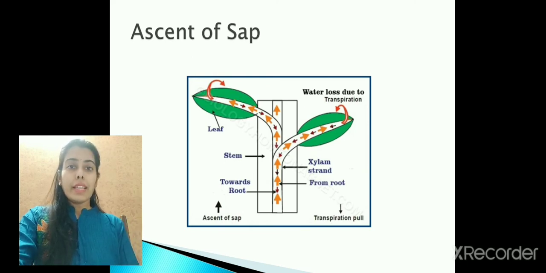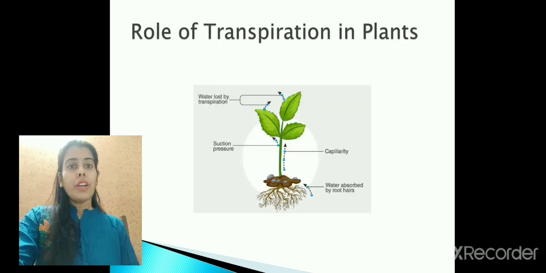Now this ascent of sap is helped by transpiration. What is transpiration? Transpiration is the process by which plants lose the excess water in the form of water vapor through the tiny pores present on the leaves, which are called stomata.